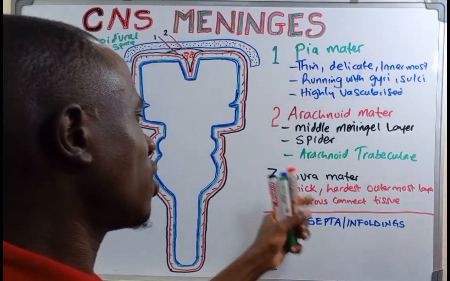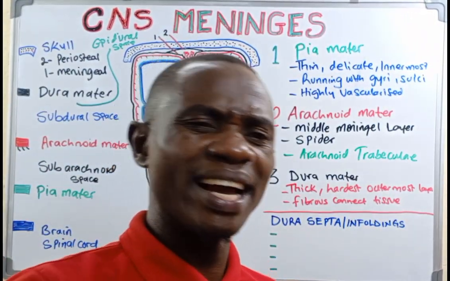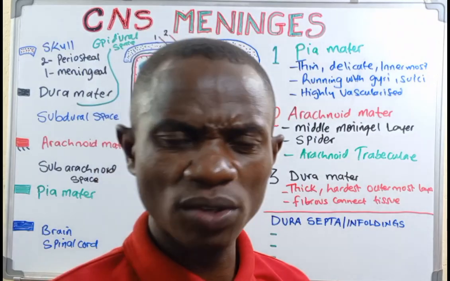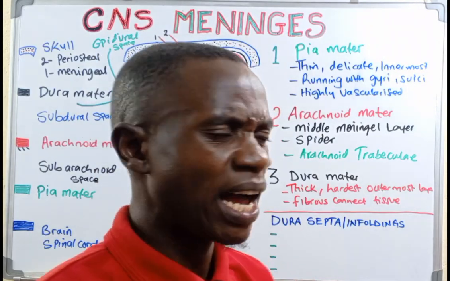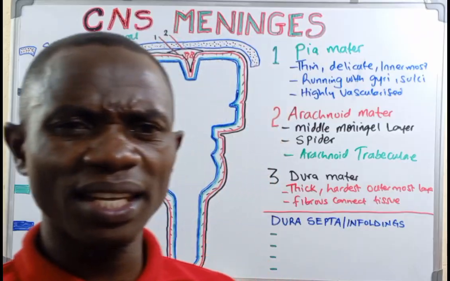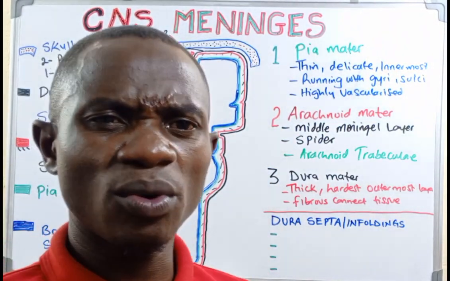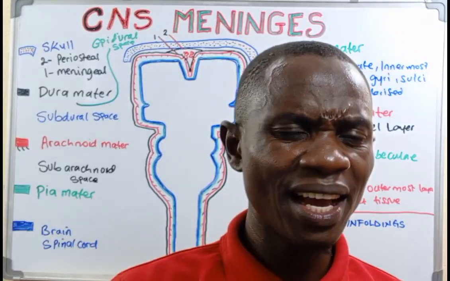And of course, it is this dura mater that aids in the formation of the dural infoldings, or the dural septa. The dural septa are very important in limiting excessive movement of the brain, and also in the formation of the dural venous sinuses and all that.